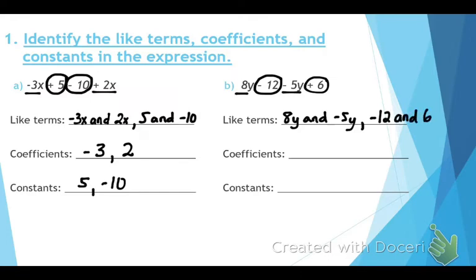What'd you get for your coefficients? 8 and -5. Okay, so a few people told me 8y. Remember, get rid of that variable. I only want the number part of the variable term. What were my constants? -12 and 6. Okay, once again, a few people were forgetting to put their negatives right there. Just remember, whatever sign's in front of it goes with it.